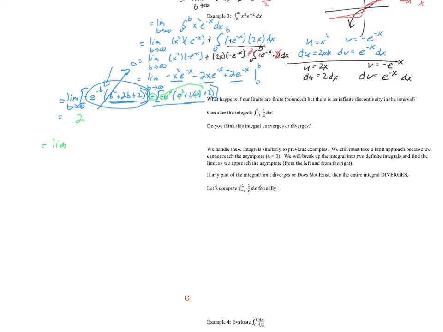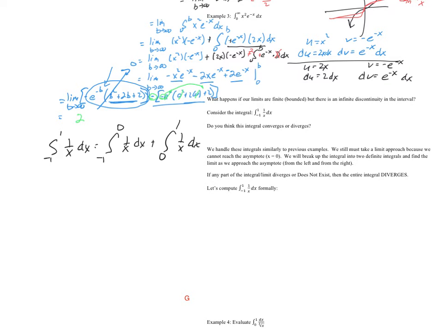Let's actually start with splitting up the integral. So if we have our integral, negative 1 to 1 of 1 over x dx, we're going to rewrite that from negative 1 to 0, 1 over x dx, plus the integral from 0 to positive 1 of 1 over x dx.